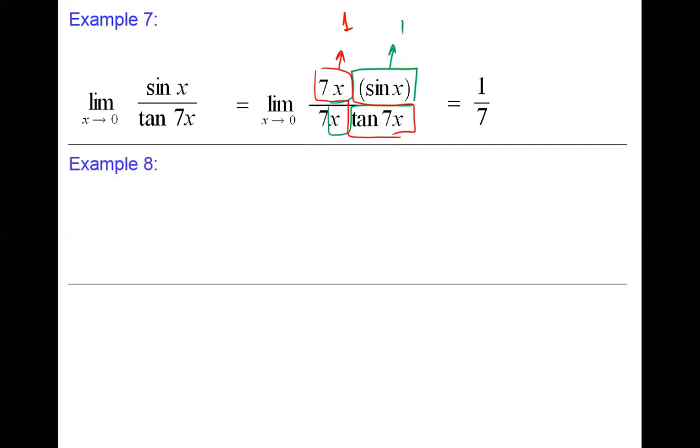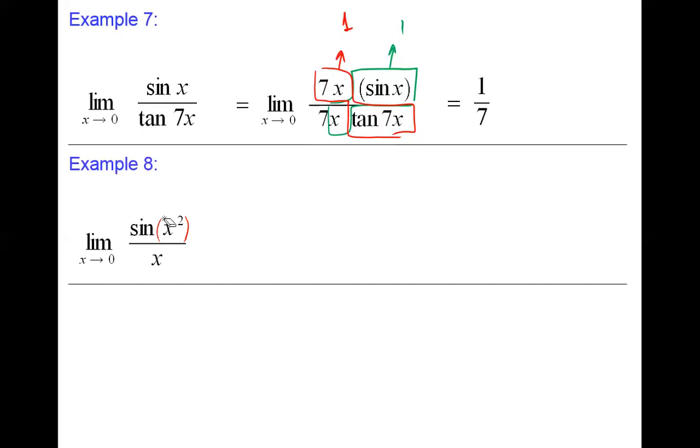Okay. Example number 8. Sine of x squared. Now, the function sine is not squared, it's just the quantity, the input, the argument, x squared, over x as x goes to 0. If I want to apply this limit, sine of x over x, if x goes to 0, the limit is 1, then what do I have to see?